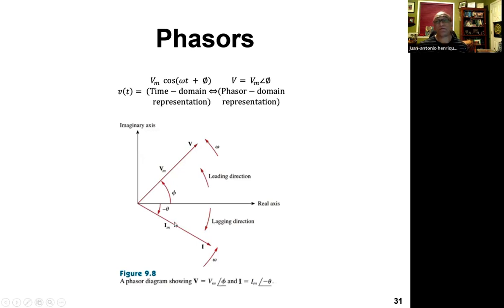Of course, by trigonometry, this angle here is the complement of the angle that goes all the way around up to this point. So it's all relative to what direction you're showing. But in general, if it's moving in the counterclockwise direction, remember, it's leading. And if it's moving in the clockwise direction, it's lagging.